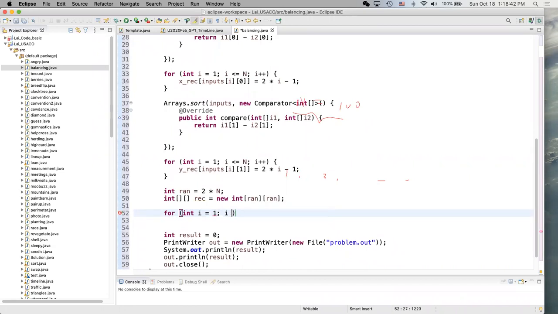So here I go from 1, I less or equal to n, and I plus plus.